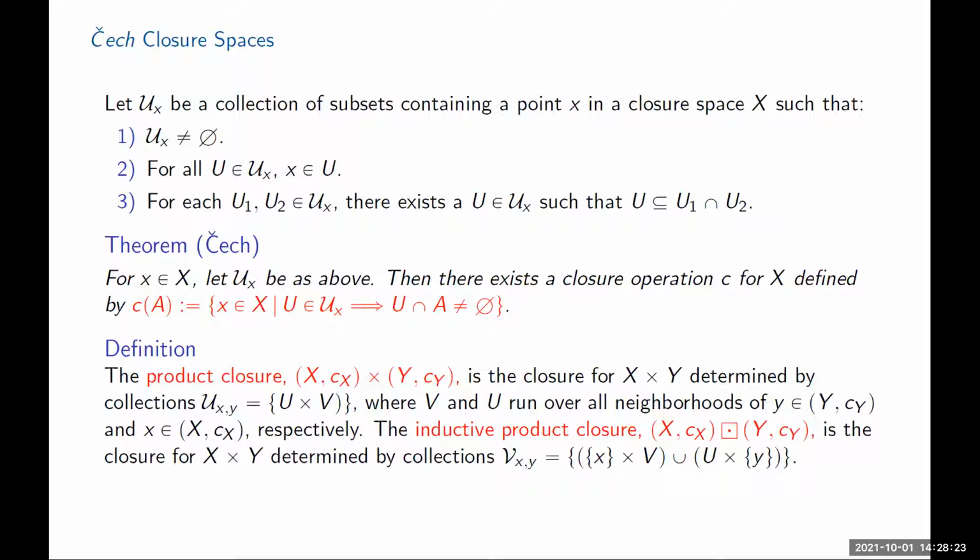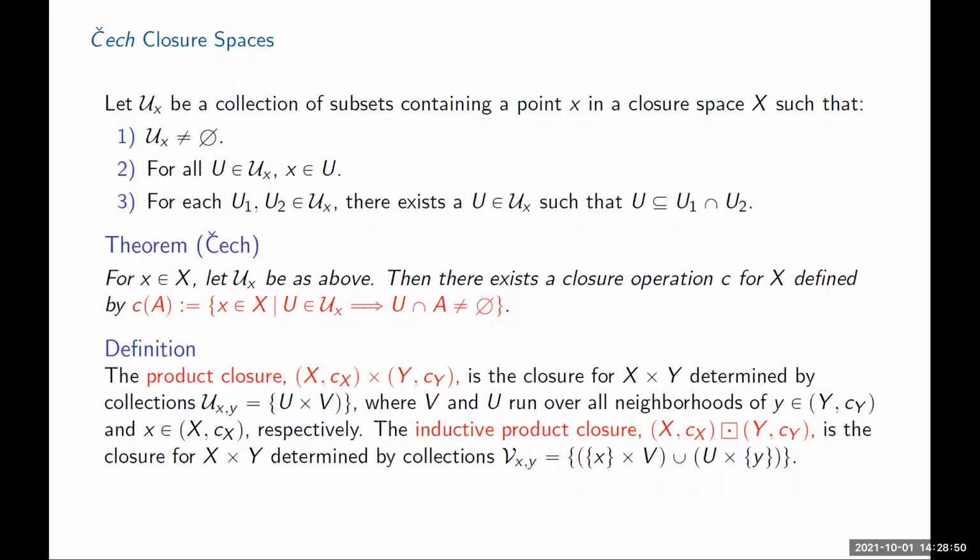So in particular, when we have products of spaces, there happen to be two canonical closure structures you can put on the product. One is just the regular product closure, which you also have for topological spaces. And you set these collections of neighborhoods to just be rectangles around each point, that come from the underlying spaces.